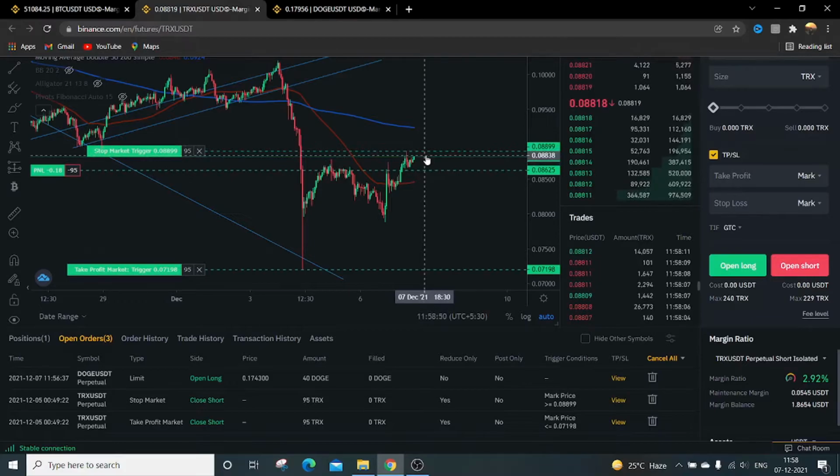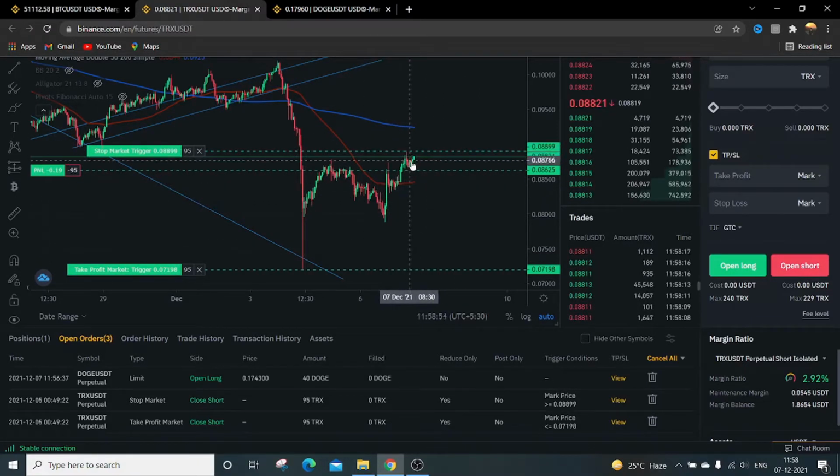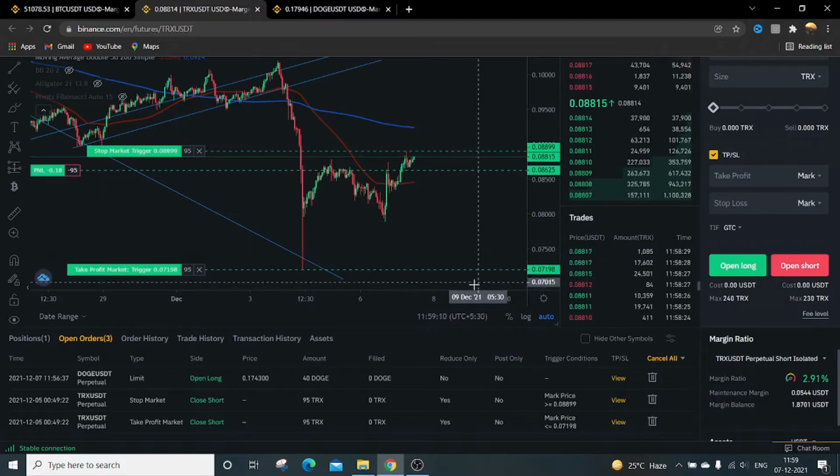This is like an OCO order, that is, one cancels the other. So if the price touches this point, then this order will get cancelled and this order will get executed. That means the stop loss will get executed and the take profit will be cancelled. And if the price goes down and this price gets hit, that means the take profit will get hit, this order will get executed and the stop loss will be cancelled.